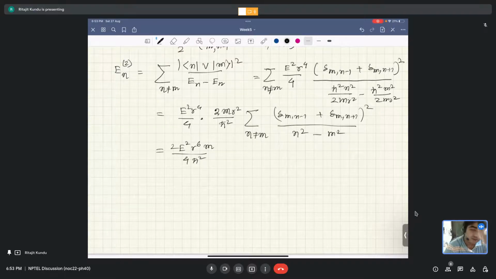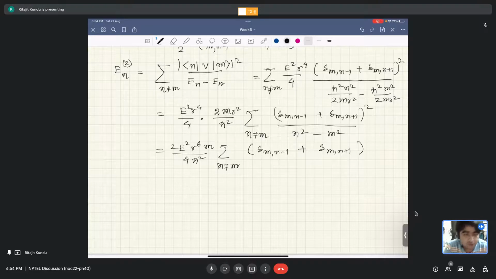Okay, so it is a good idea to take these calculations yourselves as well. I can just open up the square, plus there will be delta m comma n plus 1.